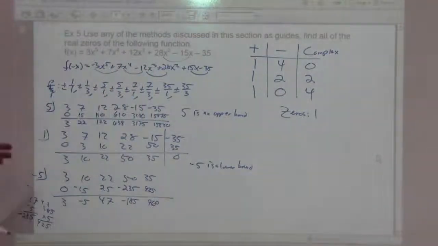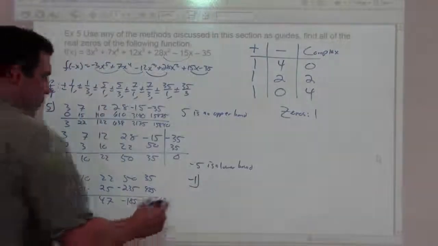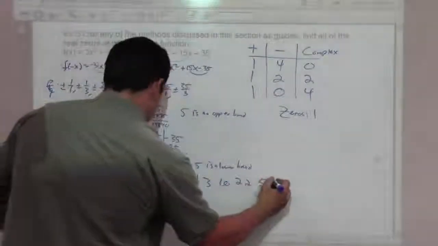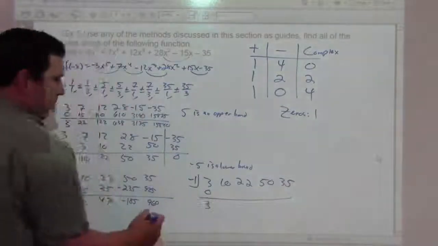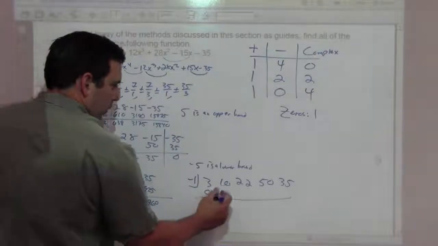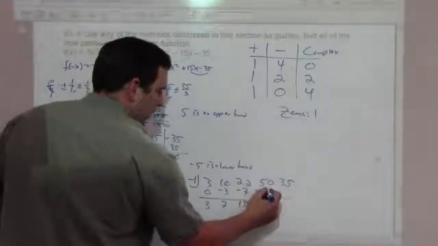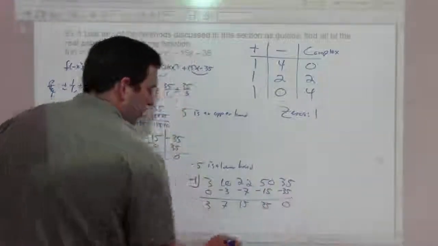So let's try something bigger. How about negative 1? Negative 3, 7, negative 7, 15, negative 15, 35, negative 35, 0.